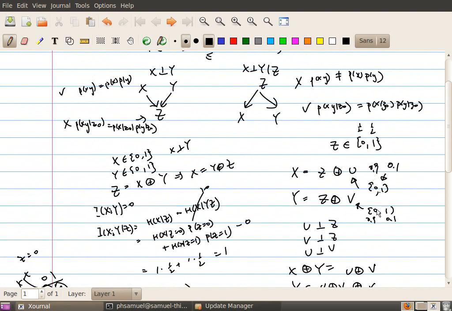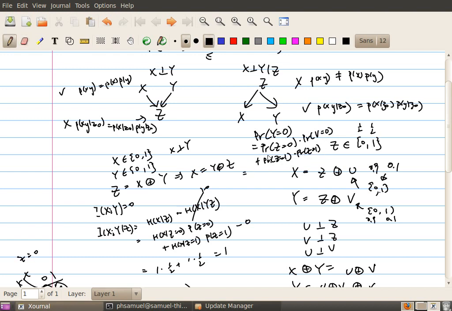The probability of y equal to 0 is basically 1/2. Let's just write it: this will be equal to the probability z equal to 0 multiplied by the probability v equal to 0, plus the probability z equal to 1 times the probability v equal to 1.